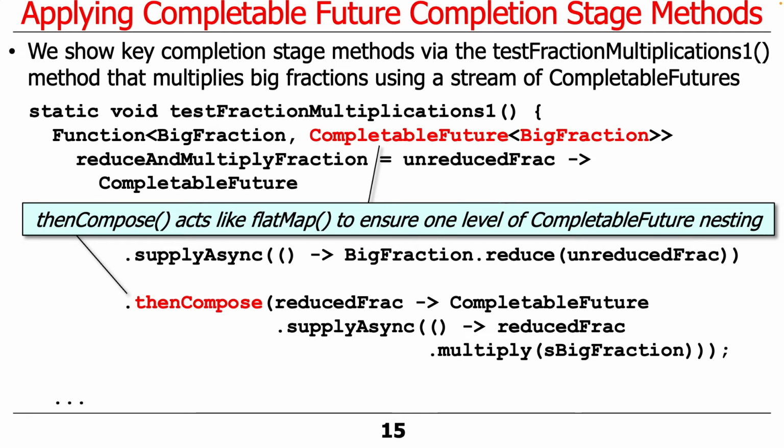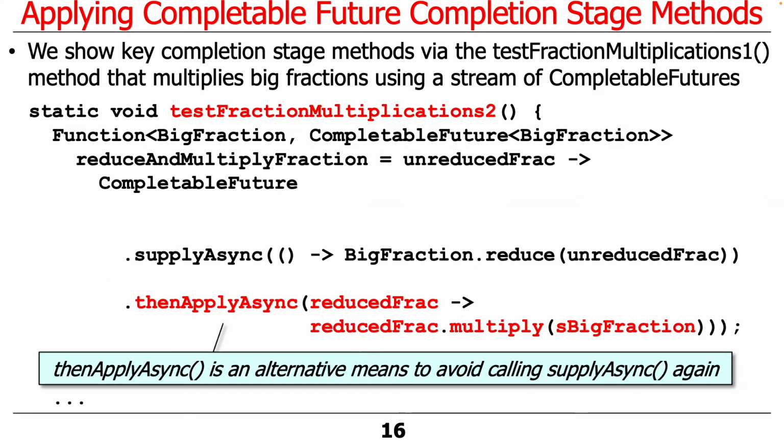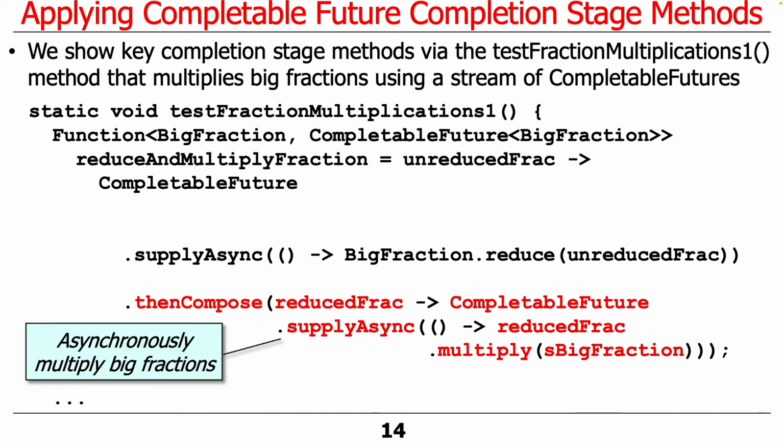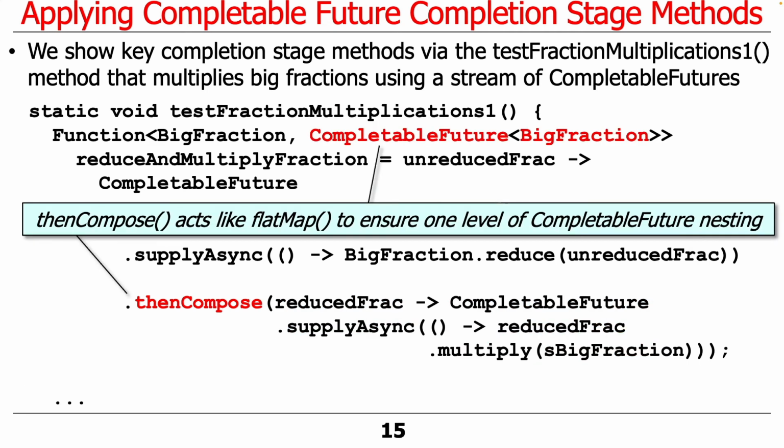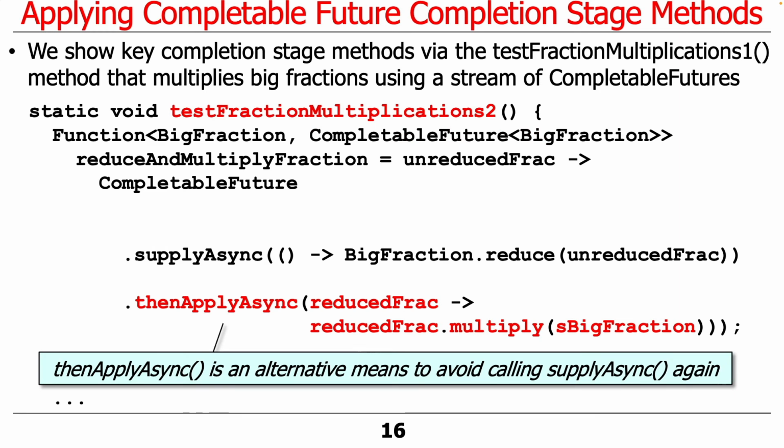But if you were paying attention in the earlier discussion about the variance of thenApply and thenCompose, you would know that you can simplify this even further by using thenApplyAsync, which allows us to avoid having to call supplyAsync a second time, but still get the results of denesting and having this computation run in some thread in the common fork join pool. So a nice clean way of doing that. So that's what we would use for this particular implementation.